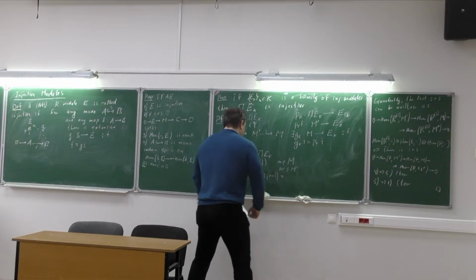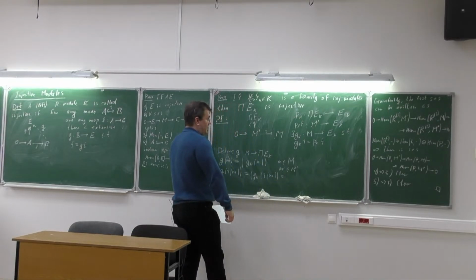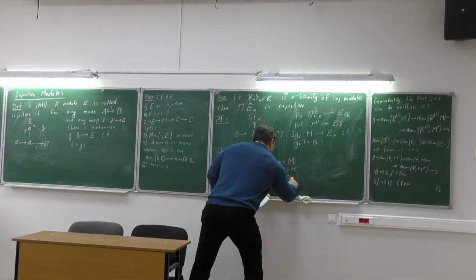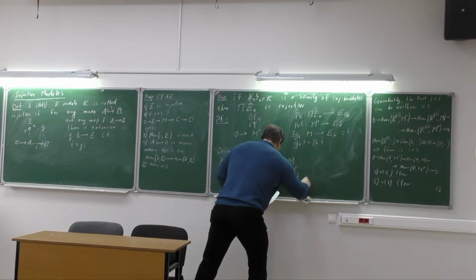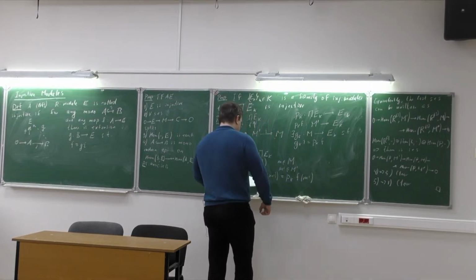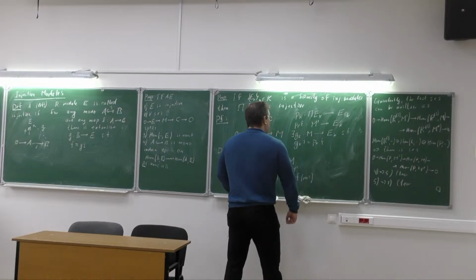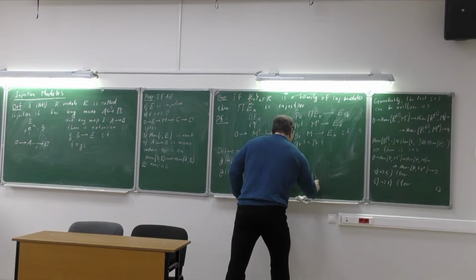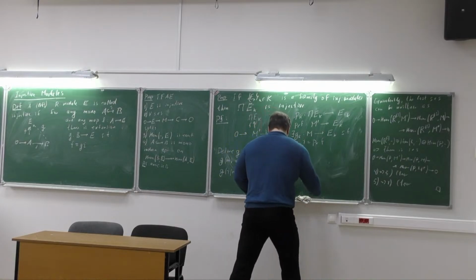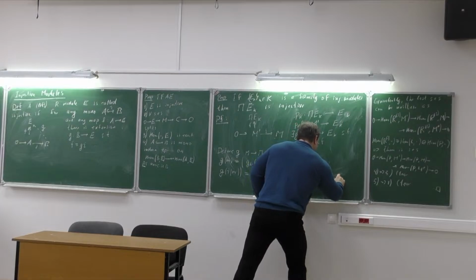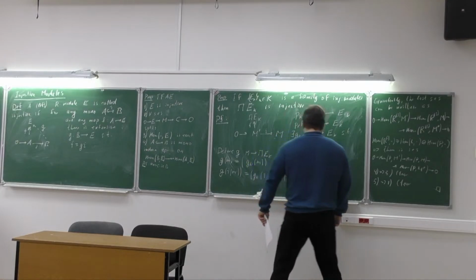Now, since I know that the composition of g_k and I is the same as p_k f, this is p_k f of m prime, right? But this is the same thing as f of m prime.